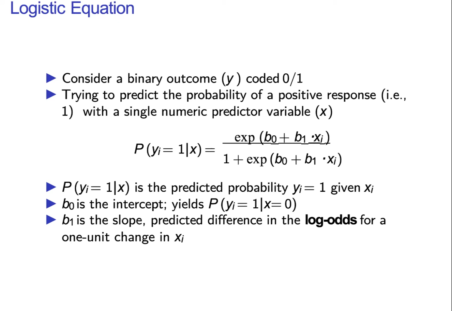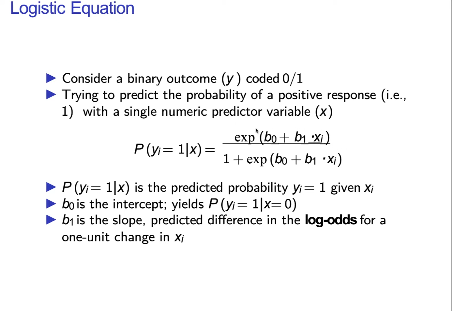And what we have here, we are trying to find the probability of y given x. So the probability that y equals 1, which is the left hand side of this equation, is given by the logistic equation, as you can see on the right side.